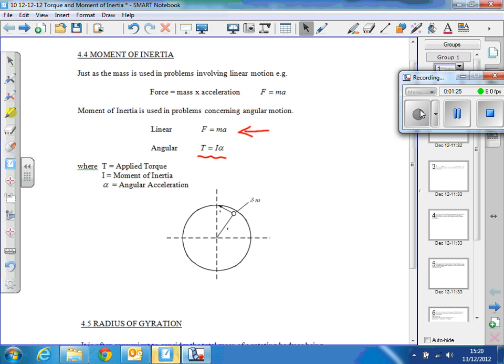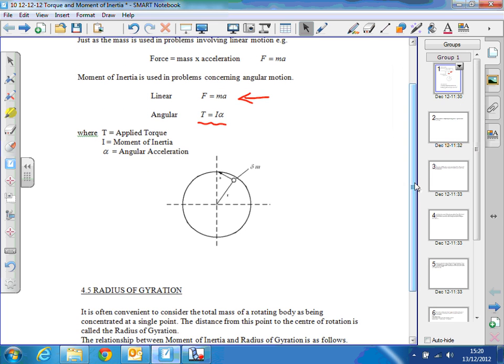The formula, torque equals I alpha, is derived in the notes that follow by considering unit mass and what happens to that, and then considering what happens as this unit mass moves away from the radius, the center of curvature, and taking that all into account. We're not particularly going to look at that, but it's in the notes if you want to look at it.